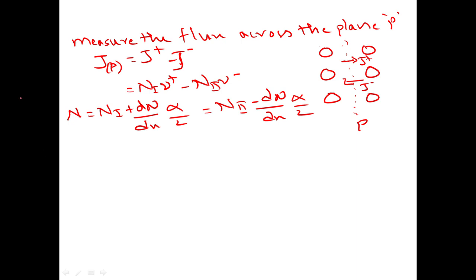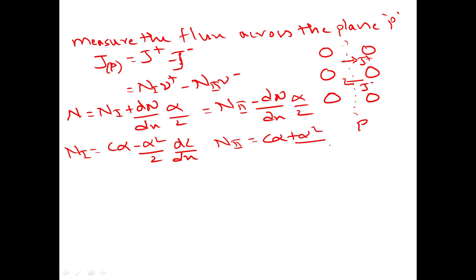Okay, so then we are proceeding: n1 is C alpha minus alpha square divided by 2 dC/dx, and n2 is C alpha plus alpha square divided by 2 dC/dx.